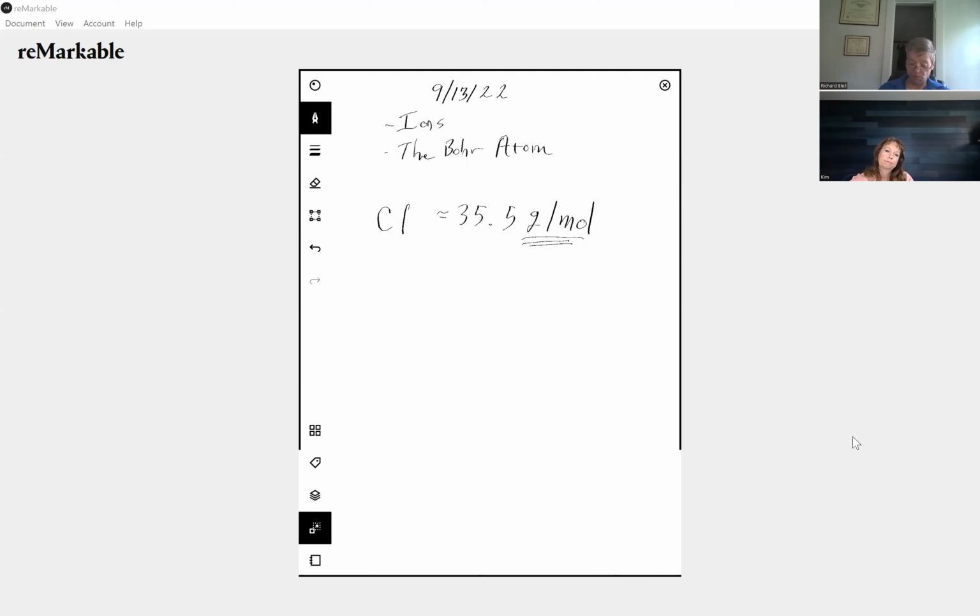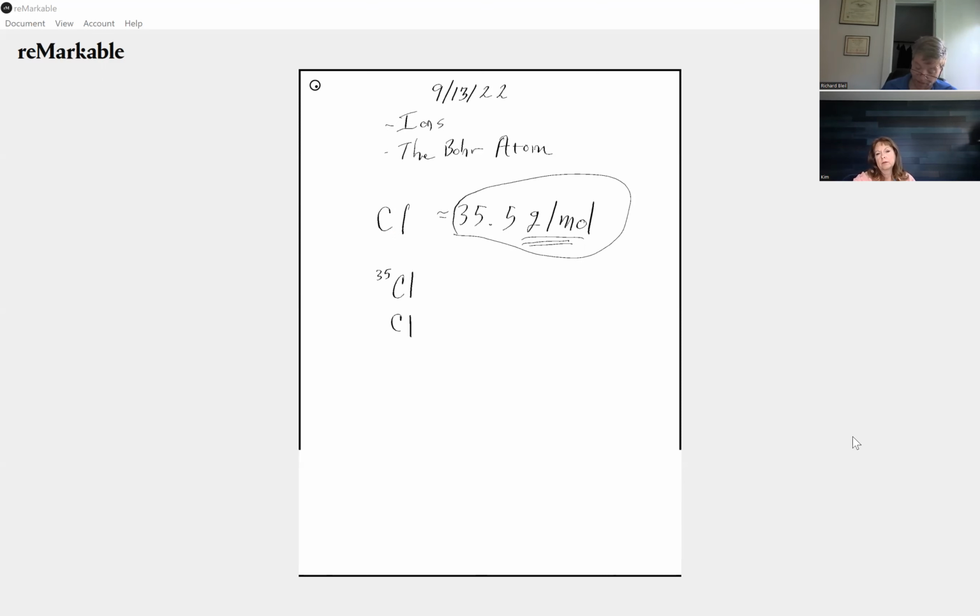Well, I mentioned briefly last time, I didn't go over it. The 35.5 is the average. It's actually the weighted average atomic weight of all naturally occurring chlorine. Okay? So there are really two isotopes of chlorine that occur in great abundance.